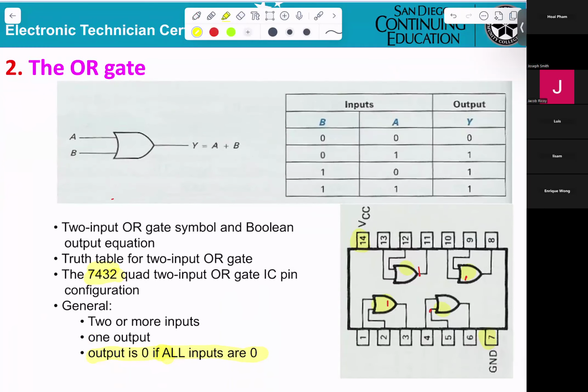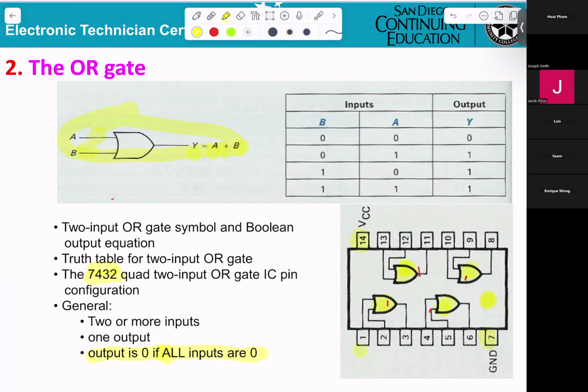Okay. Symbol here, input A and B, Y equals A or B. And this is the IC. You can see they get an IC with 14 pins.